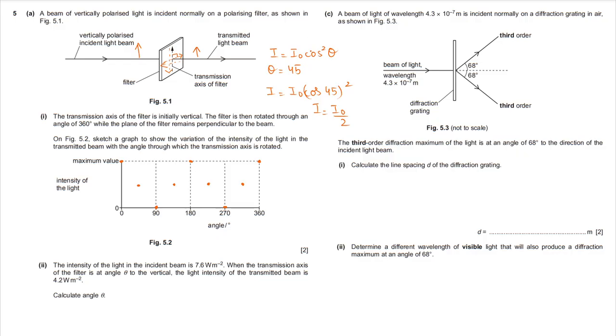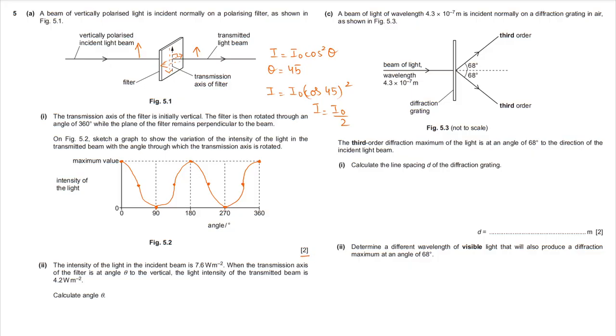Now, since it's a cos equation, it is going to be a cosine curve like this. So this is how the curve looks. This is for 2 marks.